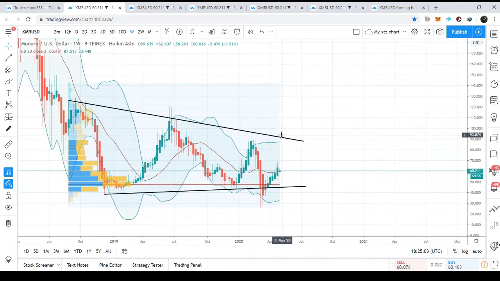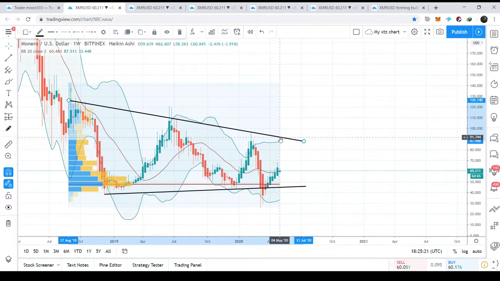If it will be out of the resistance of the wedge, then definitely it will be easy for the price action to break out this resistance. Otherwise, it will play the role of a very strong hurdle or resistance that can stop the price action from even reaching this resistance level of the wedge.